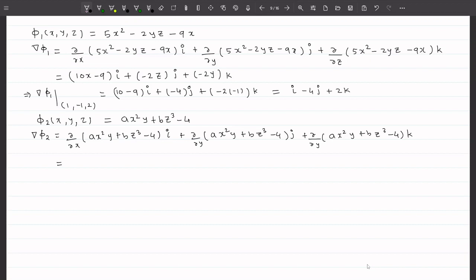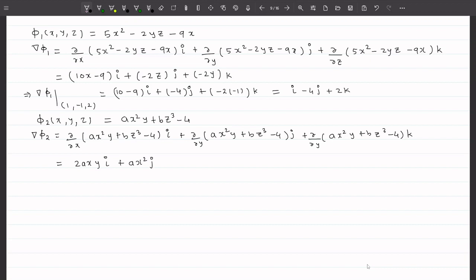So we have to take the partial differentiation with respect to x only. So it is 2axy i, plus for j it is ax², plus it is independent of y.